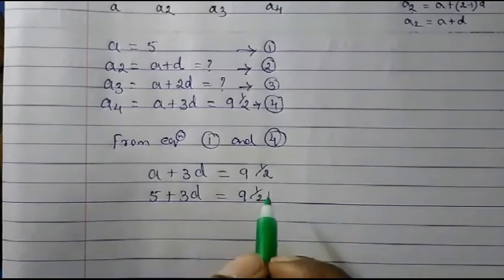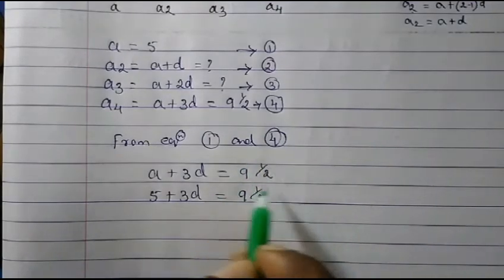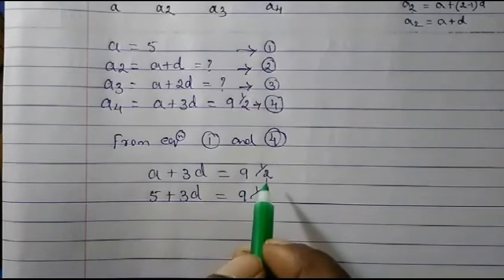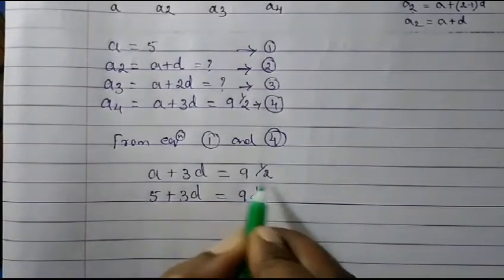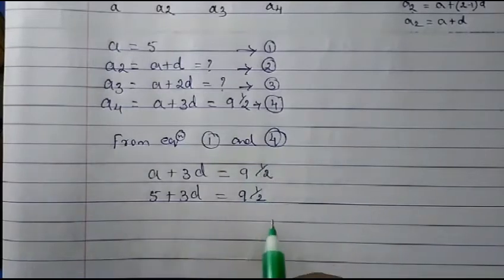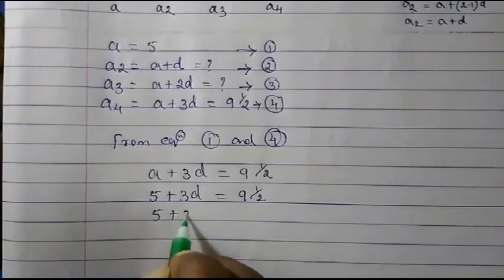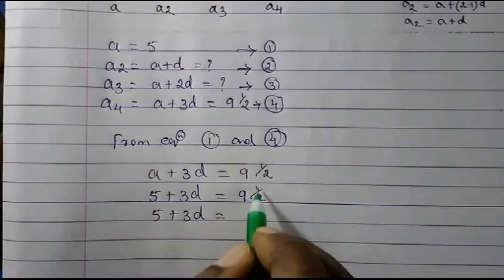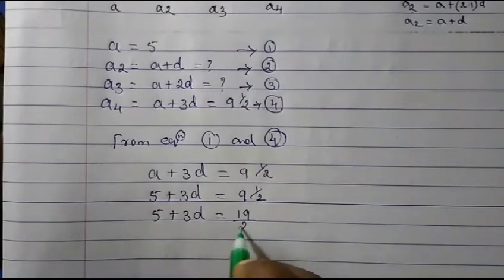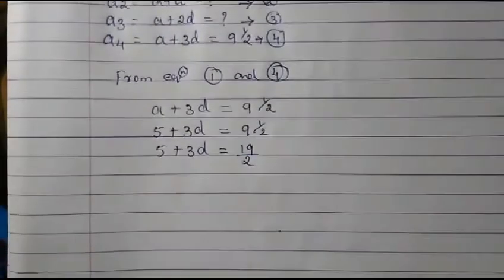Now this is a mixed number, you can also write it as a fraction. How do we convert this? We multiply these two and then add the numerator. So 5 plus 3D equal to 9 2s are 18, 18 plus 1, 19, 19 upon 2. We can write it down like this.